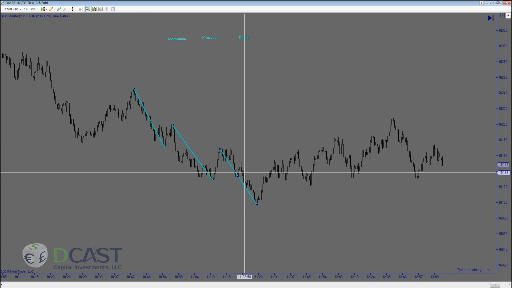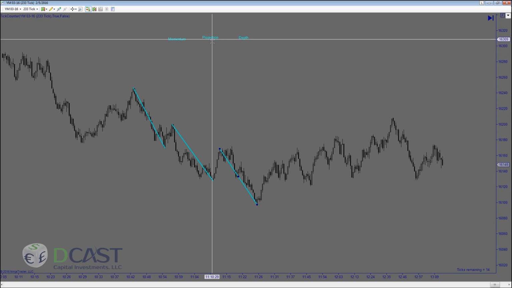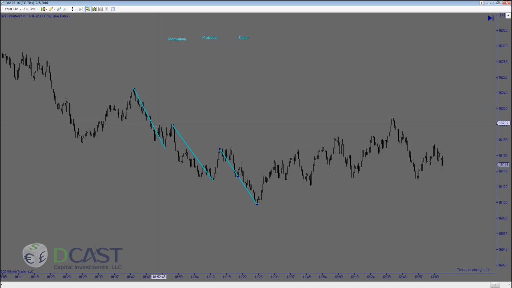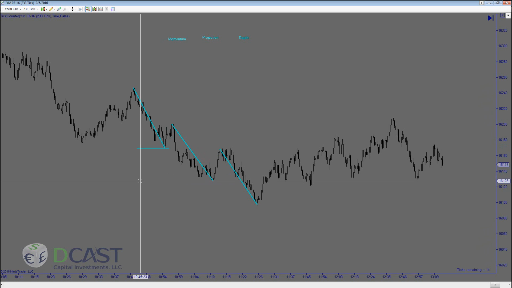Okay, so this tells us that price overall is decently strong. The pitch is not changing all too much, so we have one out of the three components that are telling us what? That price is decently strong. Okay, the next thing we want to assess is the projection. The projection occurs from the swing low right here to the next swing low.